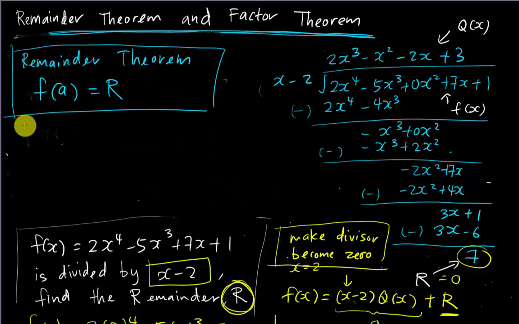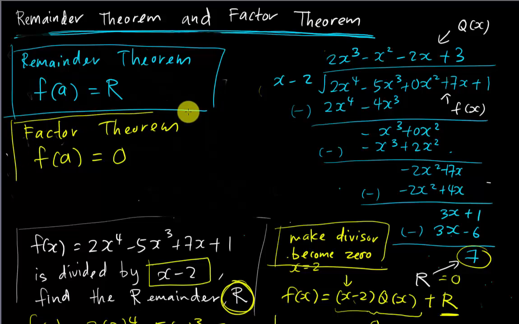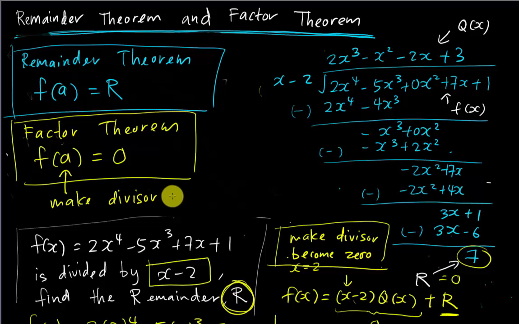If this is factor theorem, you always will need to write something like this: f(a) will equals to 0. This is factor theorem. And how I get the value of a is I try to make the divisor become 0. Then you can get the a. Same thing for the remainder theorem. Alright, if you understand this one, we're going to go into one of the past year question.